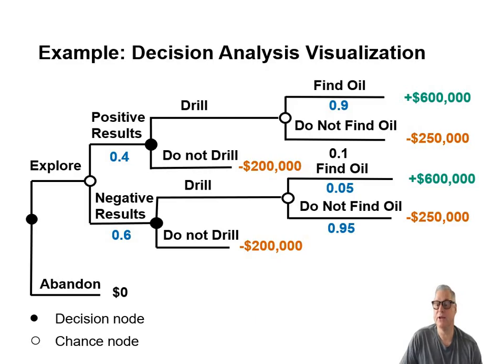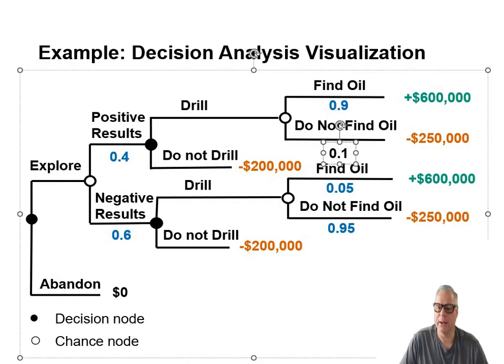If we decide that we drill, there's either a probability that we find oil or do not find oil. The probability of finding oil after a positive result is, for example, 0.9, and the probability of not finding oil is only 0.1.